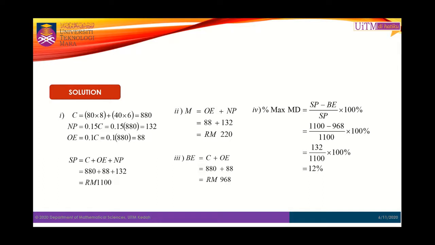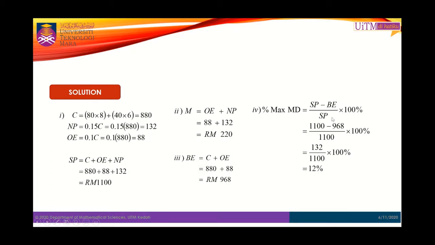The last part of the question asks you to find the maximum percent markdown without incurring any loss. So you need to find the maximum markdown value, which is given by SP minus BE, that is 1100 minus 968, you get 132. If you notice, SP minus BE is equivalent to 132, that is also equivalent to the net profit.